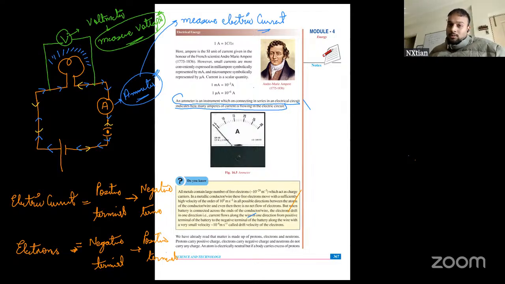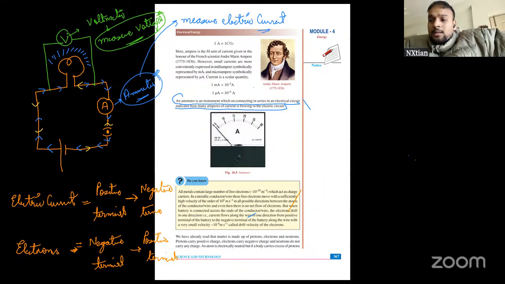Understood? Electrons always emerge from the negative terminal and end at the positive terminal, and electric current moves from the positive terminal towards the negative terminal.